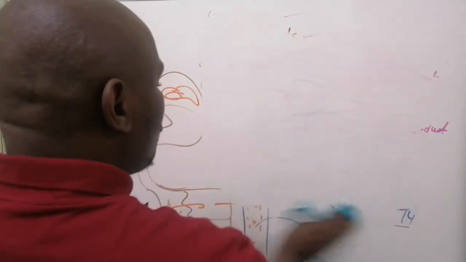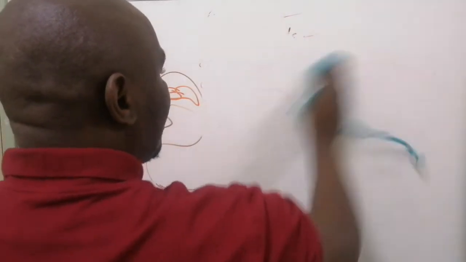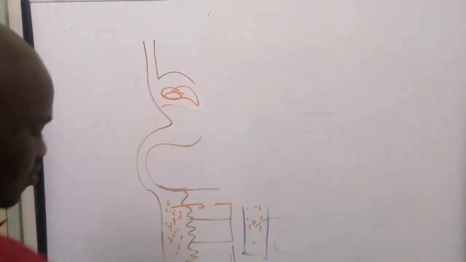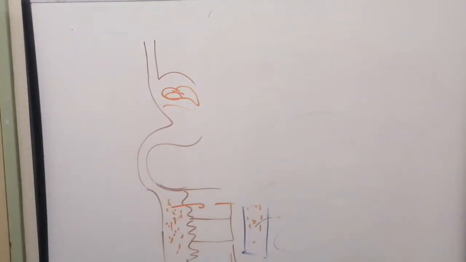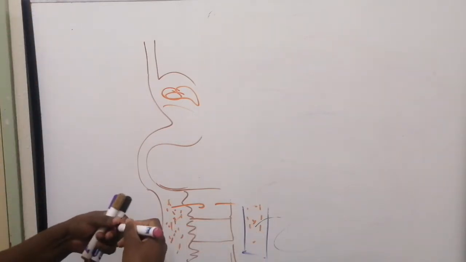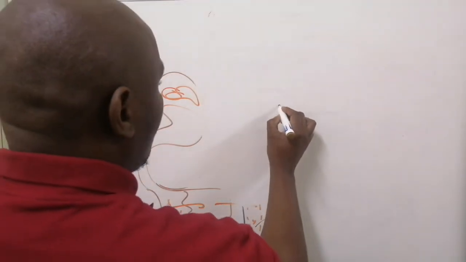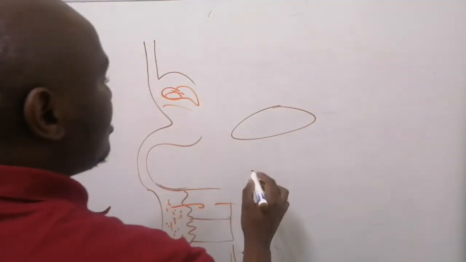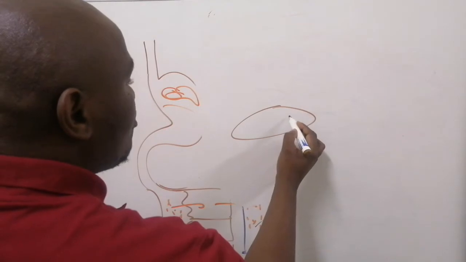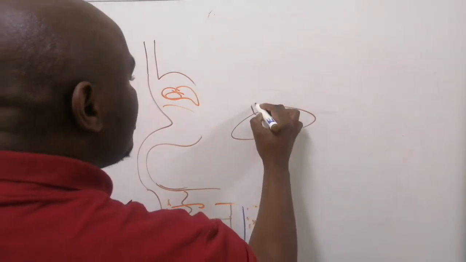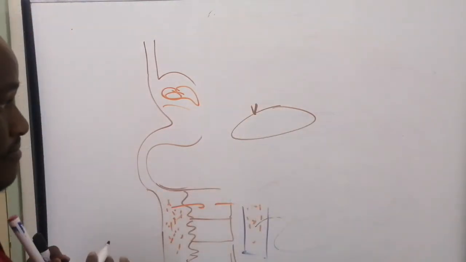So guys, why do we tell or advise patients to exercise when they are diabetic? This is the reason why we advise patients who are diabetic to exercise. It's because, remember, on the muscles you've got insulin receptors, right?